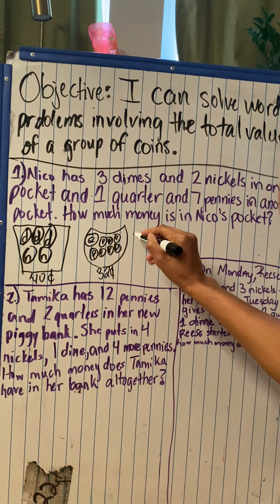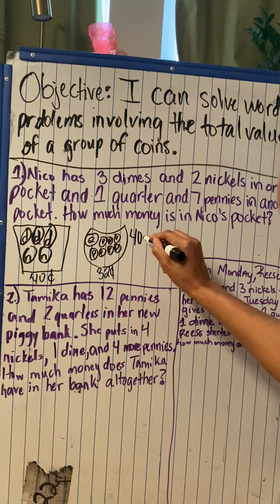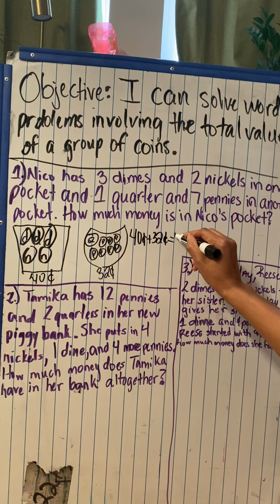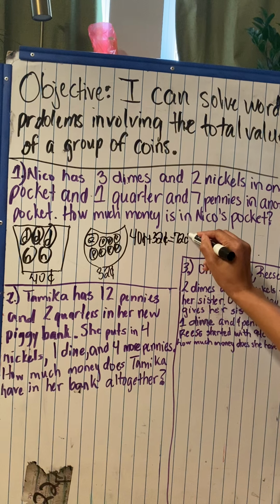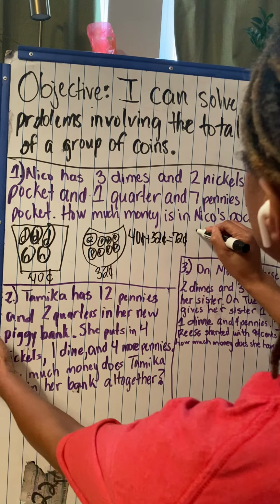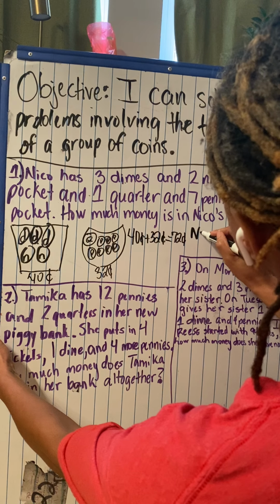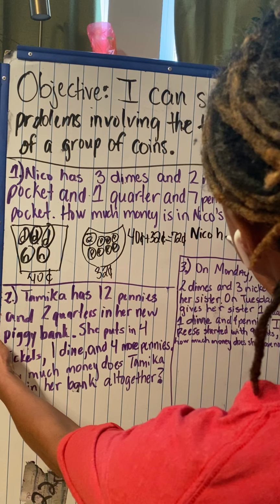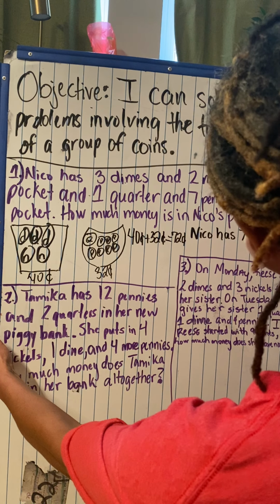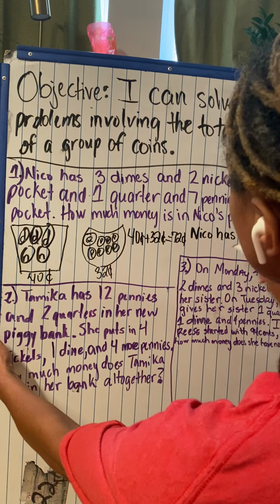So my number sentence will be the following: 40 cents plus 32 cents equals, right, 72 cents. So we can write Nico has 72 cents in his pockets.